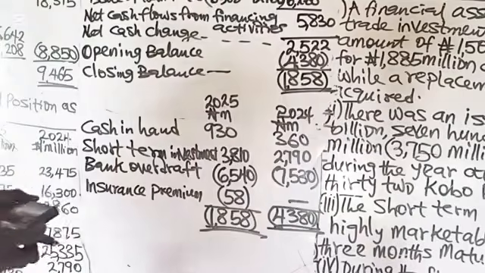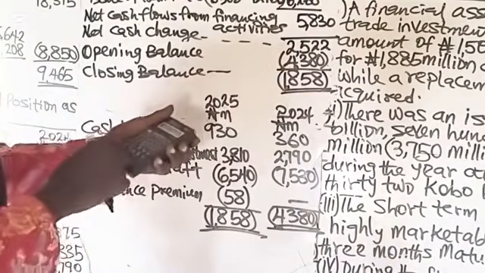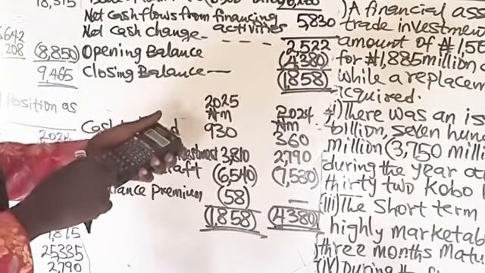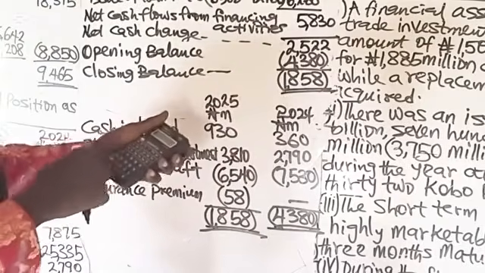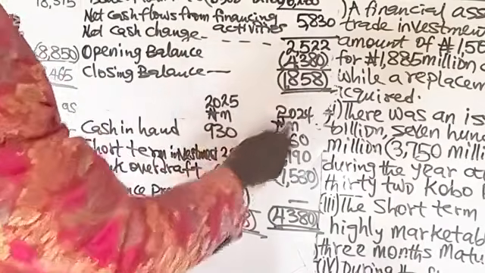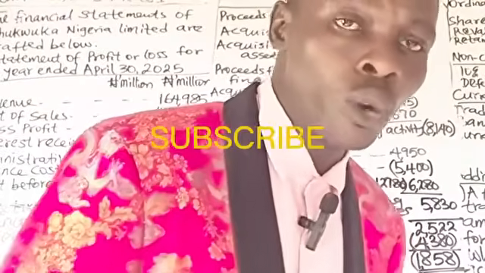Now let's confirm if it agrees. 2522 minus 4380 gives us 1858 negative. So it agrees. This marks the end of the solution to the question.